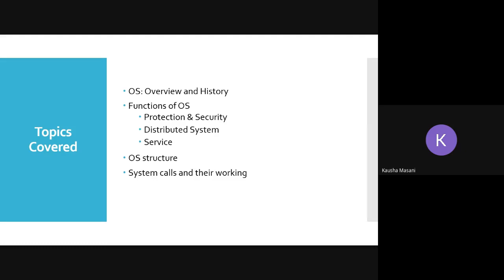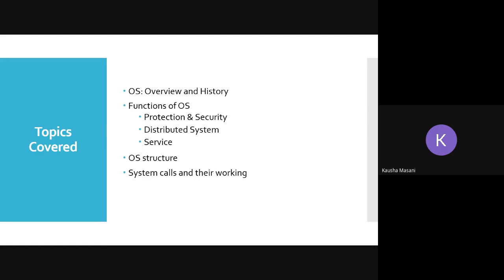That is what we are going to see. Then in the next topic, we are going to see the functions of OS, the primary functions. Although the modern operating system has tons of functions, what are the base of those functions? Those are your protection and security, your distributed system, and the services which your OS is providing.